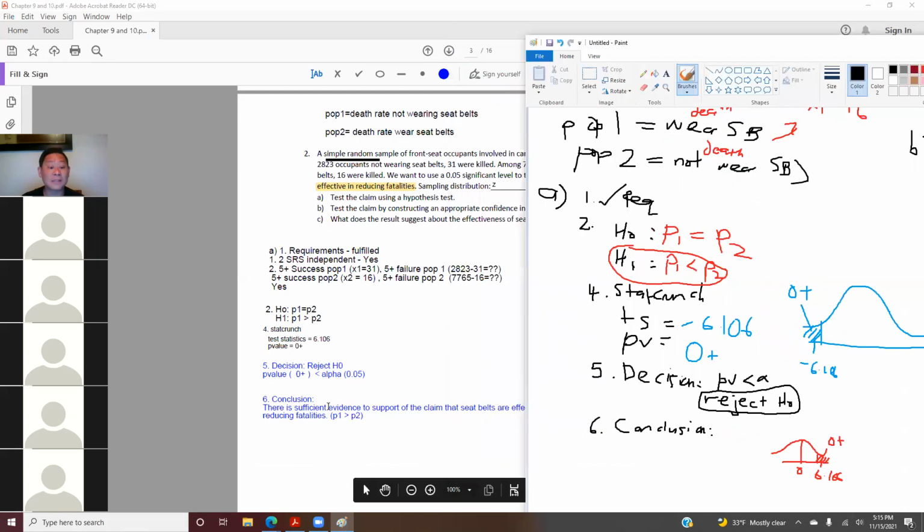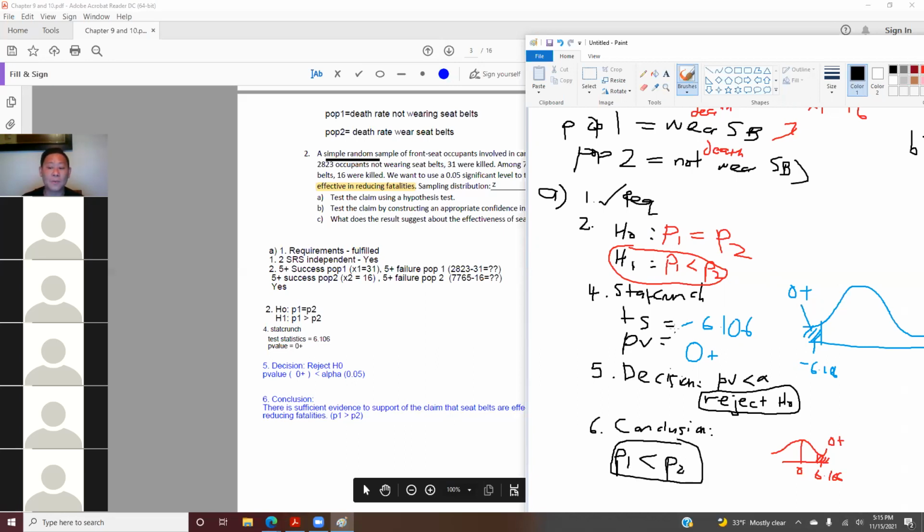It is still the same conclusion, right? Reject, because the hypotheses don't have equality. So the conclusion is still the same, saying that P1 in this case is less than P2.